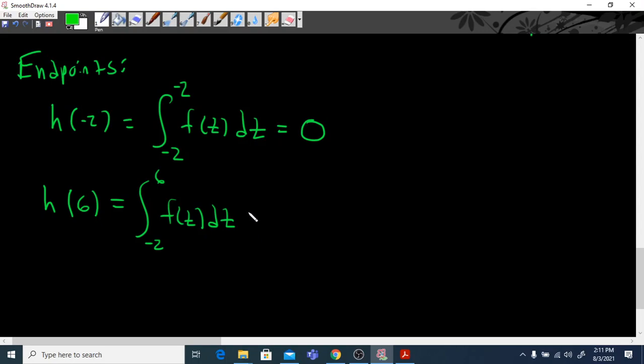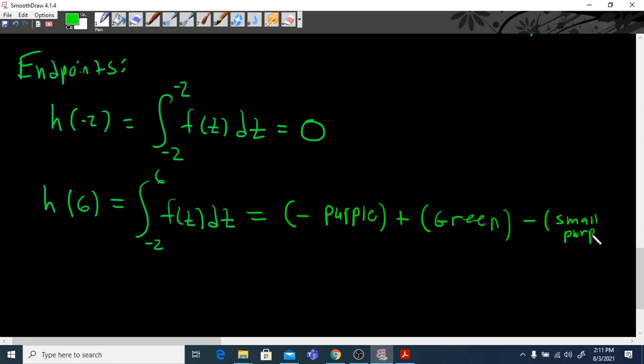So in other words, this equals the negative purple plus the green minus the small purple triangle. Because this is present, we're not going to have a max. So x equals 6 is not a max.